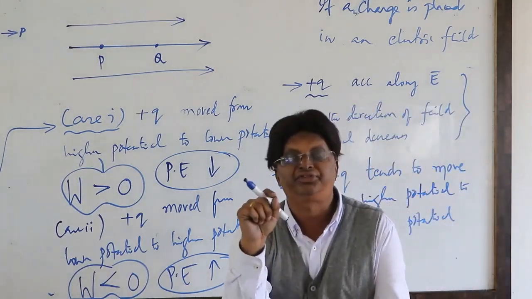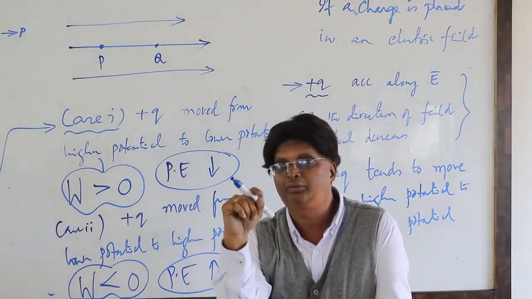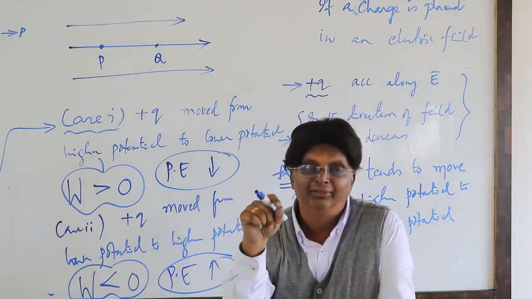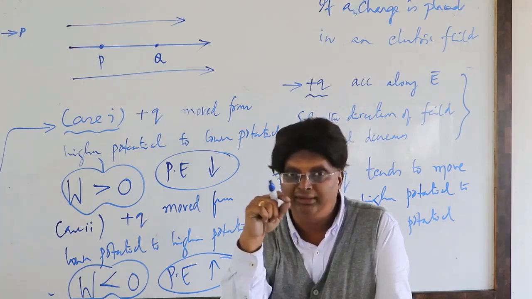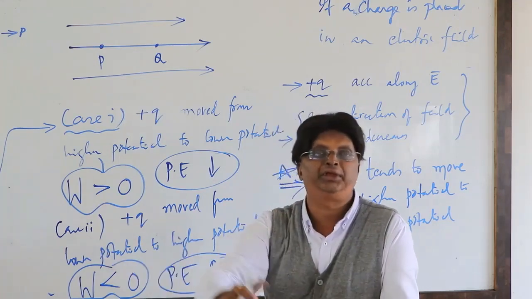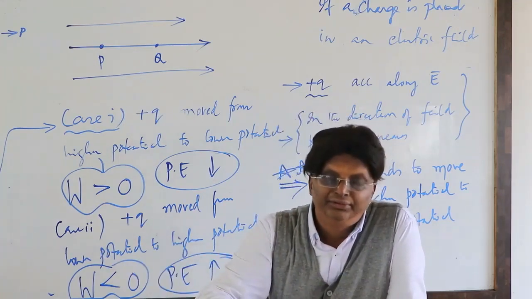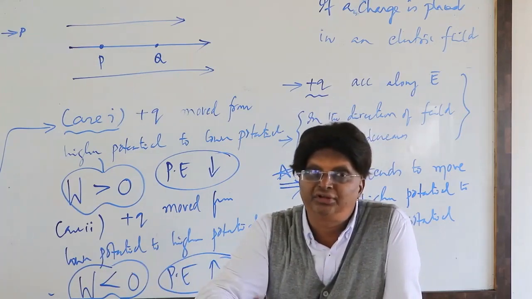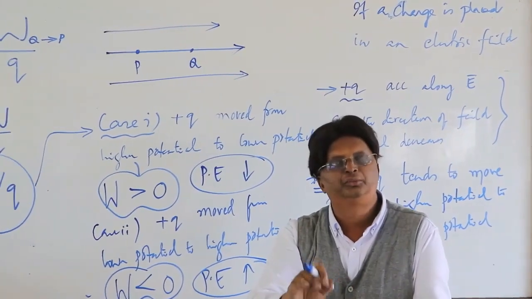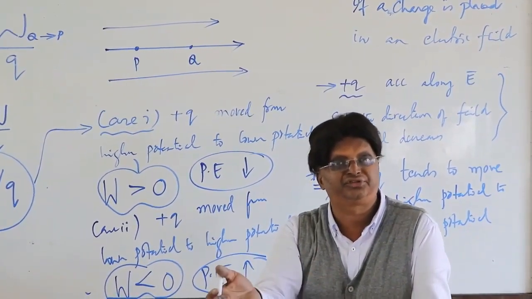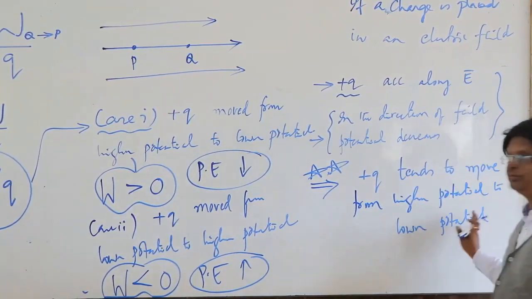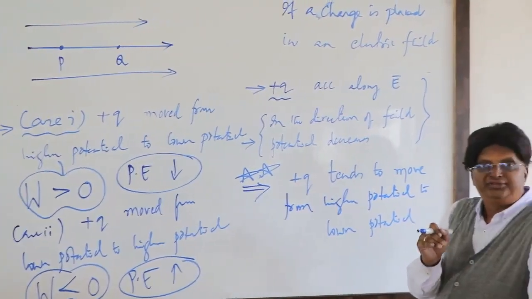So remember, when we are discussing stationary charges and introduce the concept of potential, the important point that you will make out is that for this stationary charge to get into motion, we need to create a potential difference such that positive charge always tends to move from higher potential to lower potential, and the negative charge always tends on its own to move from lower potential to higher potential.